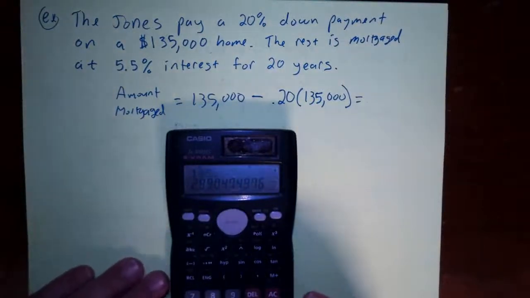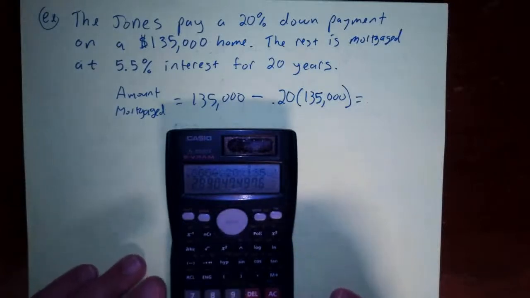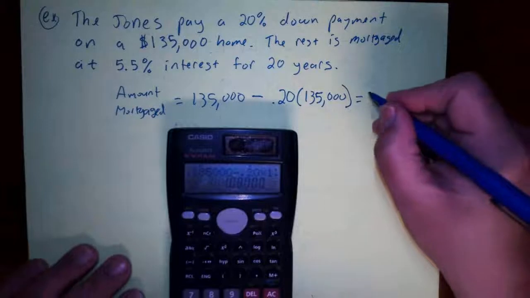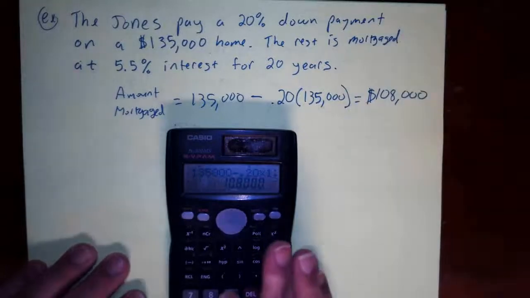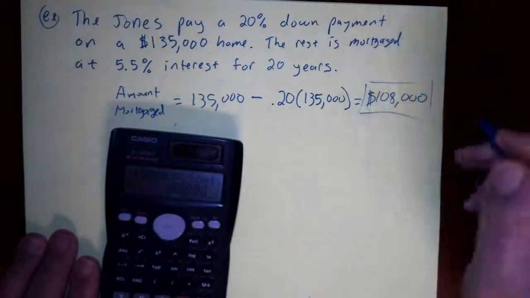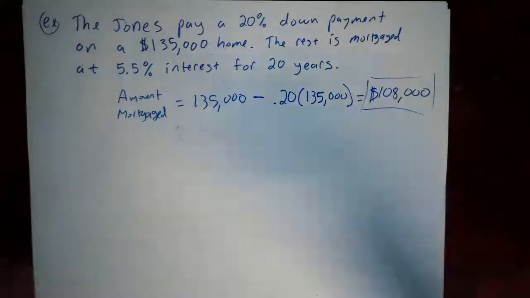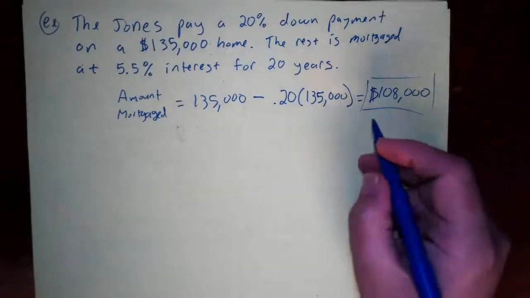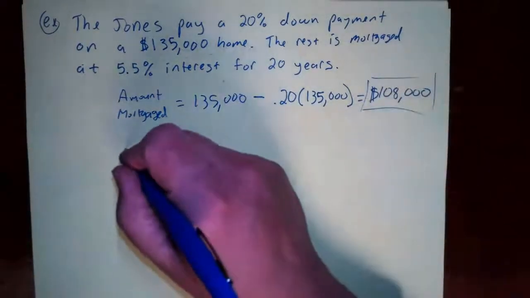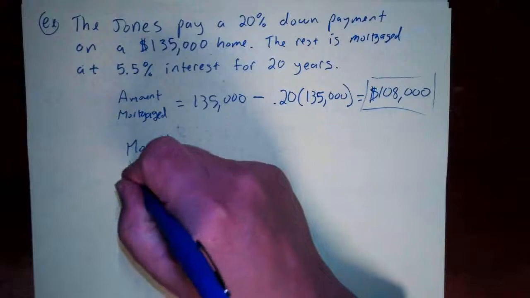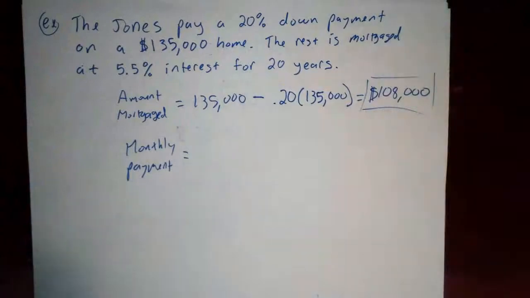Okay, so 135,000 minus 0.20 times 135,000, and I get $108,000. That's the amount that I mortgage. So you have to take the down payment off first. For a lot of these, you'll need to take off the down payment first, and then in the formula you're just going to use the amount that you mortgage. Okay, so then my monthly payment will be the number on the table times the number of $1,000 mortgage.